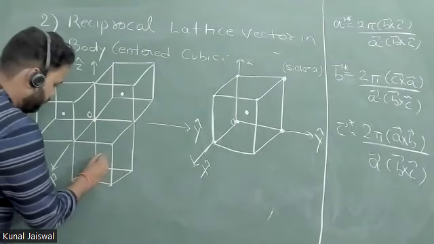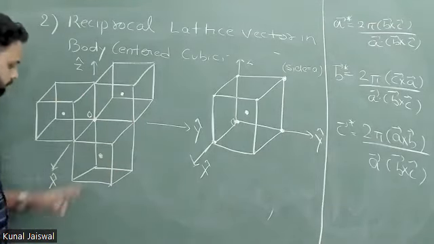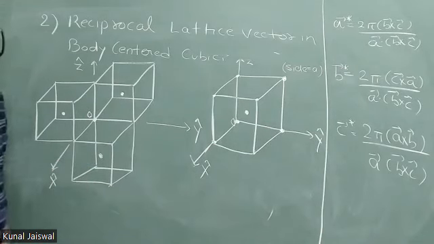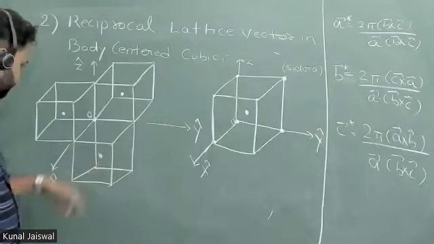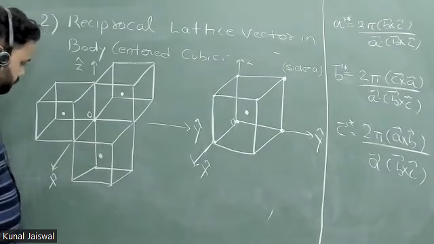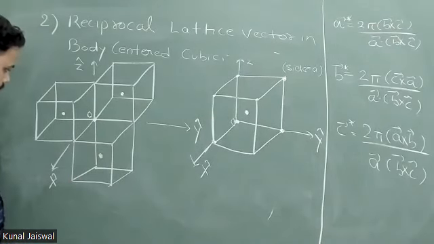Okay. Can anyone tell what are the coordinates of these 3 atoms? First of all, tell me what are the coordinates of this atom? This atom, downward. a/2 क्या होगा इसका? -a/2, -a/2, and a/2?